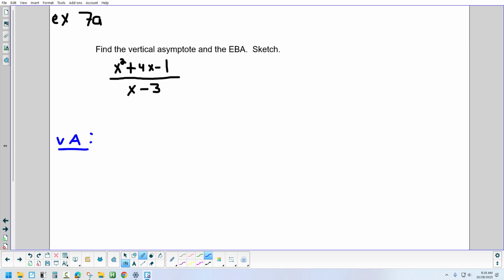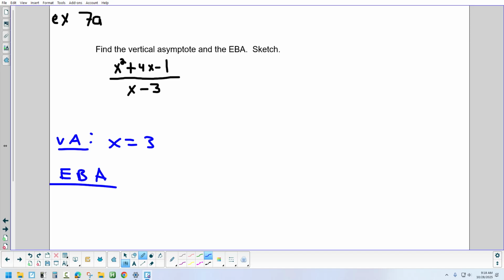And so what would be your vertical asymptote? Your vertical asymptote would be 3. X equals 3. So 3 is the root of the, sorry, denominator. X equals 3 is the proper way to say the asymptote. Yep. X equals, because it's vertical, and then the number. Okay, so there's your vertical. That one's the easy one. Now we need the EBA.